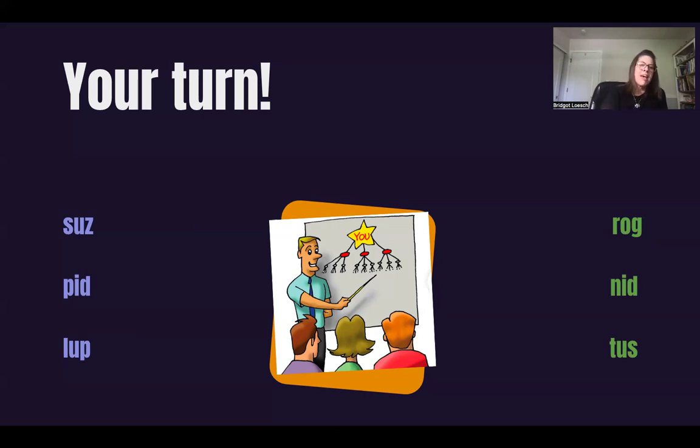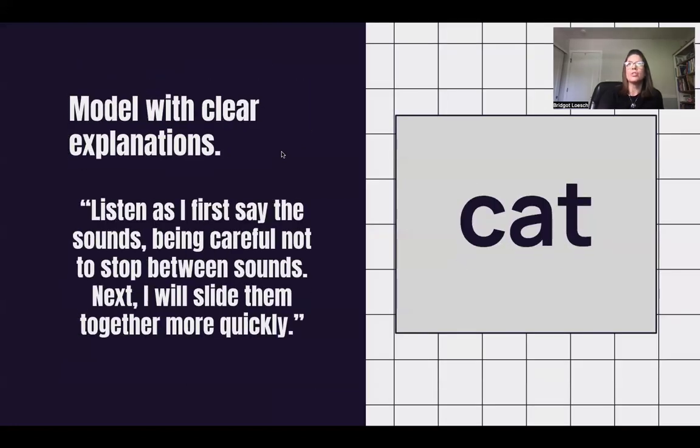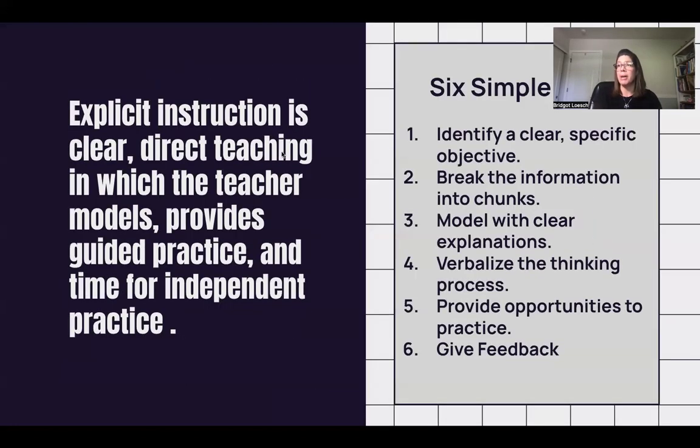So here's how it works. One of you is going to be the purple teacher, one will be the green teacher. Okay, so the purple teacher, you're going to provide explicit instruction to your student on reading the purple words. Green teacher, you're going to do the same for the green. Don't forget to start. I am going to go back a little bit in our presentation, even though we have those cards in front of you. Don't forget that you're going to start by identifying that simple, clear objective.